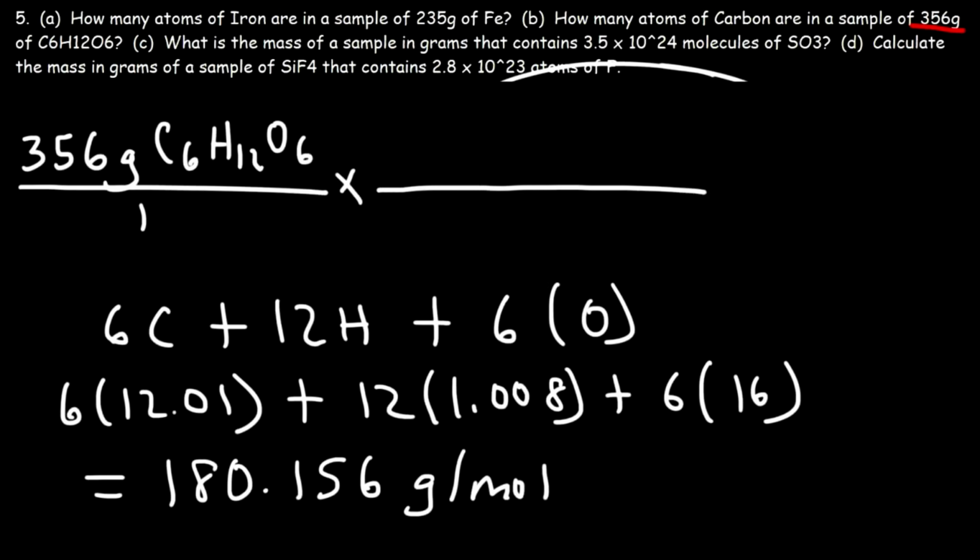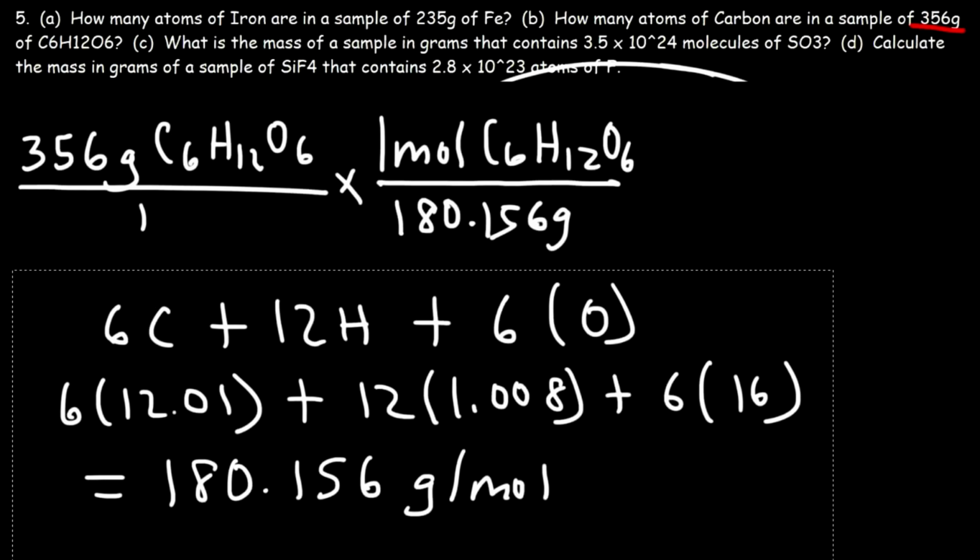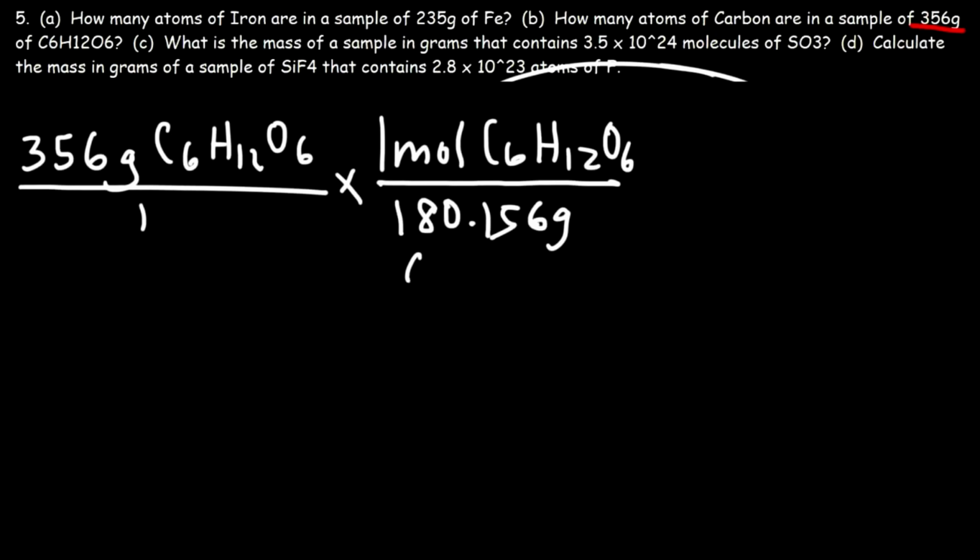What this means, let me see if I can use less space, is that 1 mole of glucose has a mass of 180.156 grams. Now we could cancel grams and glucose.